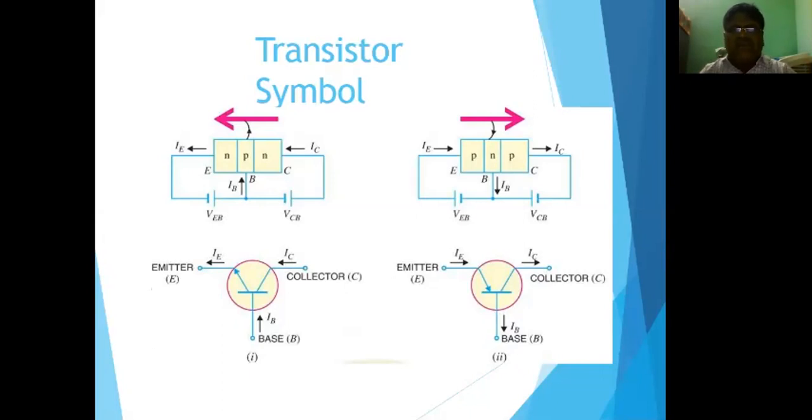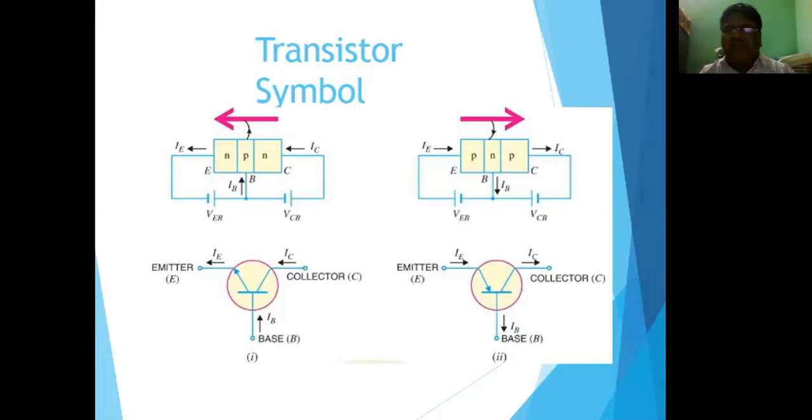The next diagram is the PNP transistor, which is its construction. Here IE is emitter current, IC collector current, IB base current, and VEB is the emitter base voltage. The voltage is applied between emitter and base, so it is called V suffix EB: V for voltage, E for emitter, B for base.